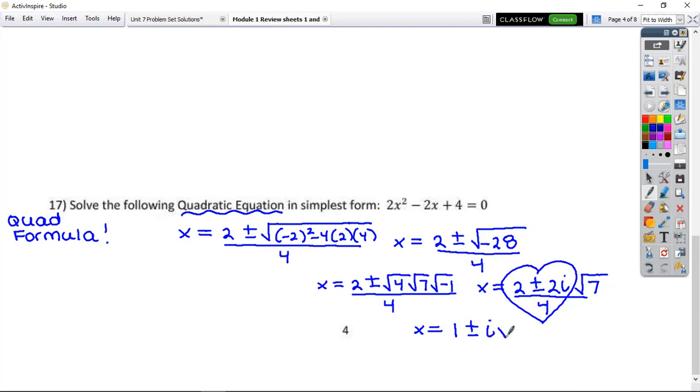The radical 7 remains attached at the top. And 4 divided by 2 is 2. So this represents a quadratic with imaginary roots. You guys remember the I? You're kind of coming back to a little bit? Okay, wonderful. So I'm going to stop there for today.